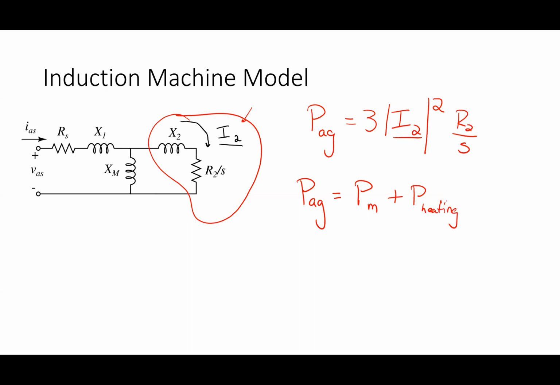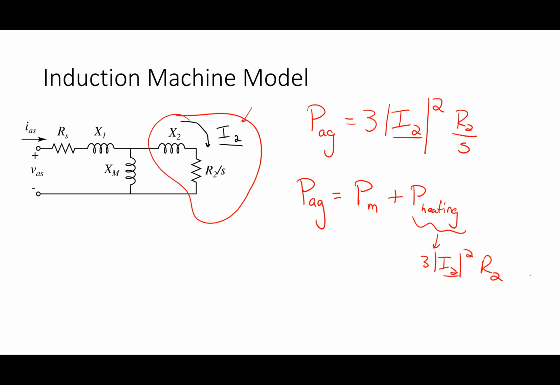Basically the loss: there's a current flowing in the rotor, so there's an I squared R happening there. So I can figure out what that is. What do you think the formula would be for this heating? Yep, 3 times I2 squared R2.